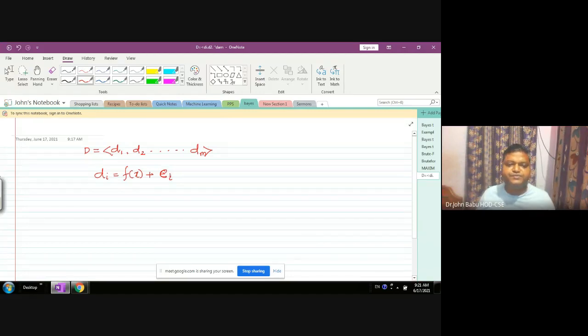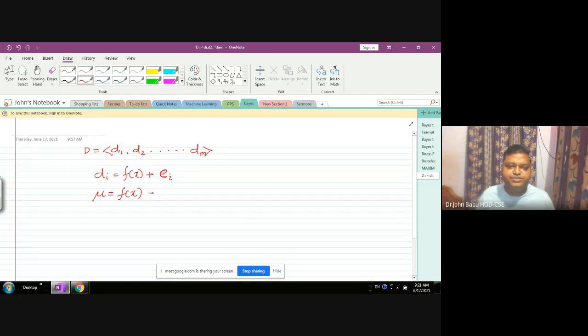And here, the mean can be calculated from this function of xi.